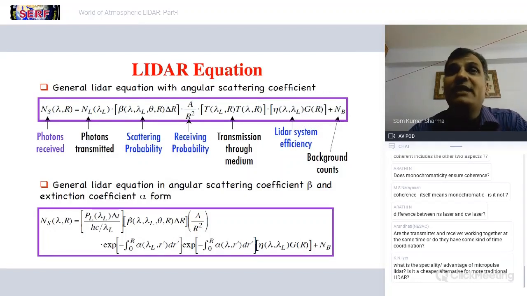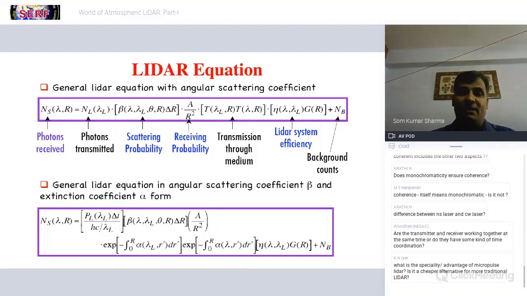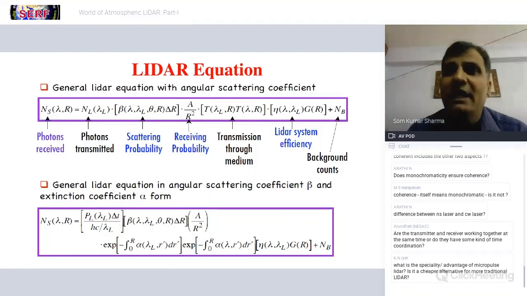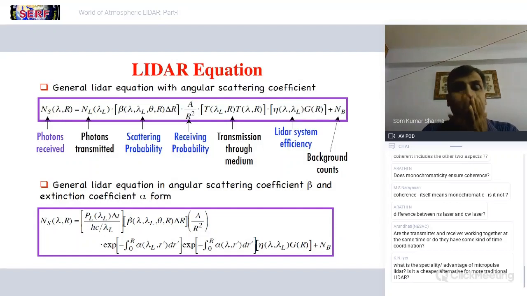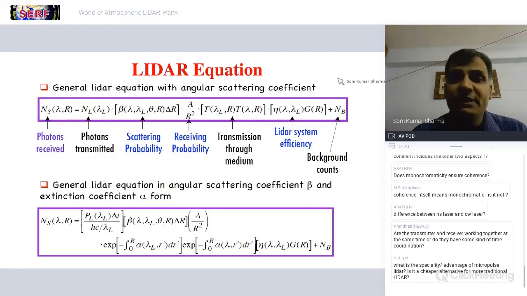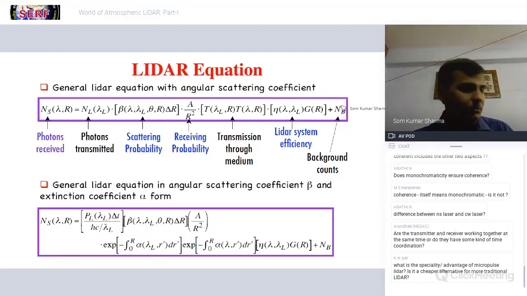Like the photomultiplier tube, which is used to receive the photons coming back, and all photomultiplier tubes, or PMTs, have a quantum efficiency. And then you are using optical interference filters and all these things, so they have their efficiency. So this is the LIDAR system efficiency. And then you cannot get rid of the background. This background may be plus or minus.